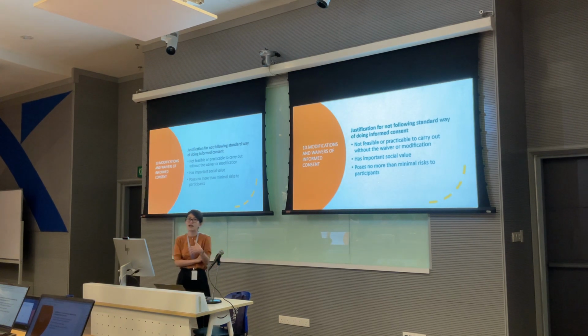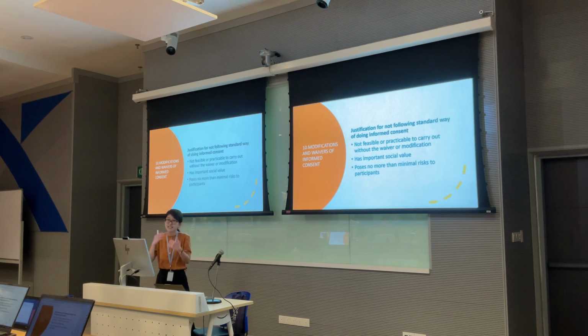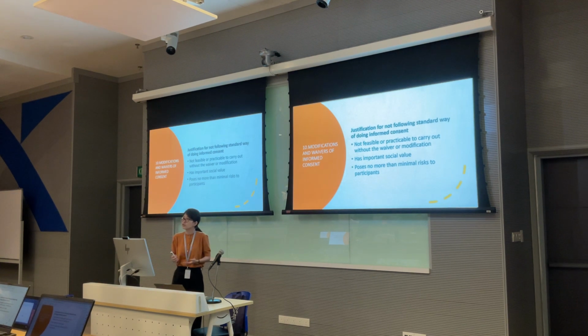Meaning that you are unable to start your study, because all your participants refuse to give consent, and your study has a great social impact. So I am determined to continue. Even though I already know none of them will give me consent, and it involves some sensitive issue, I need to proceed.